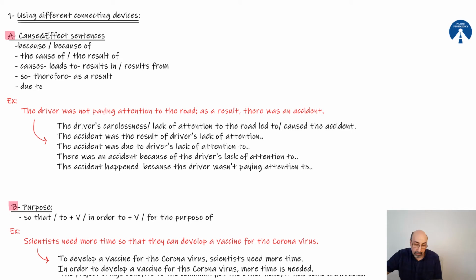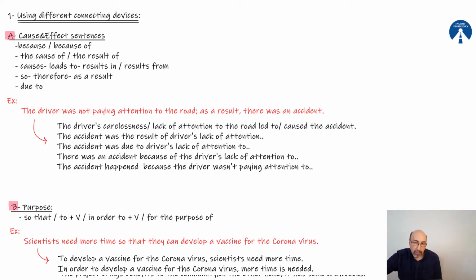As you can see, there are different types of sentences. You could have a sentence which is expressing purpose, using a connecting device like so that. Perhaps you could change that to in order to, or an infinitive, as has been done here on the board.